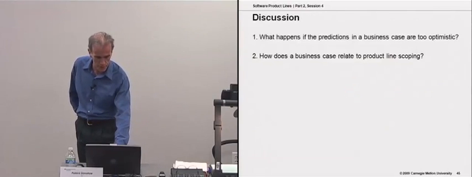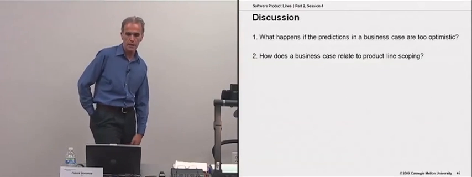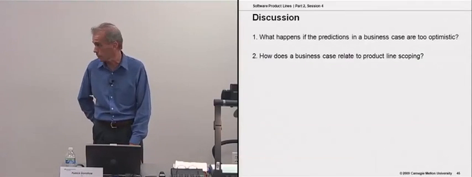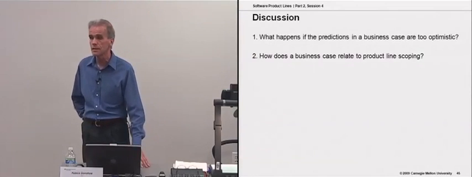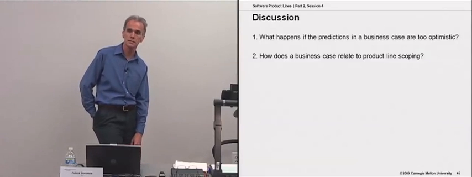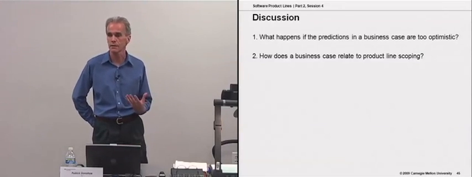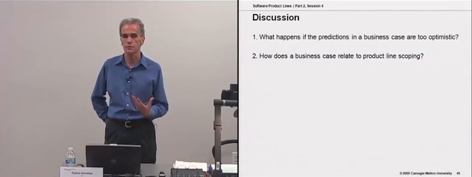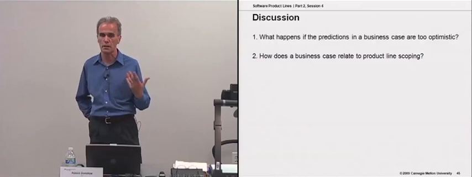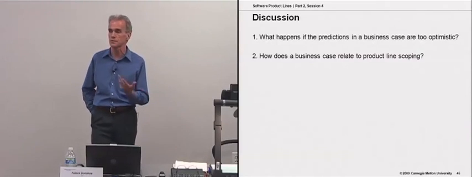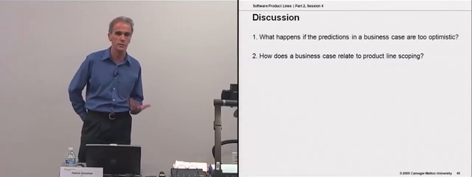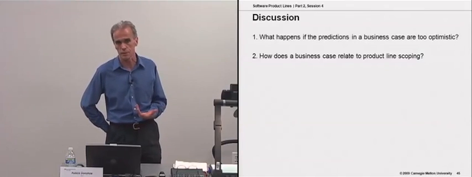Some of the references for this, and again, I won't spend a lot of time on these discussion items, except for the second one there, the relationship between the scope and the business case. You may have some people in the organization devoted to coming up with an initial scope for a product line based on interviews with domain experts and their engineering skills and knowledge of the technical feasibility of a proposed set of products.